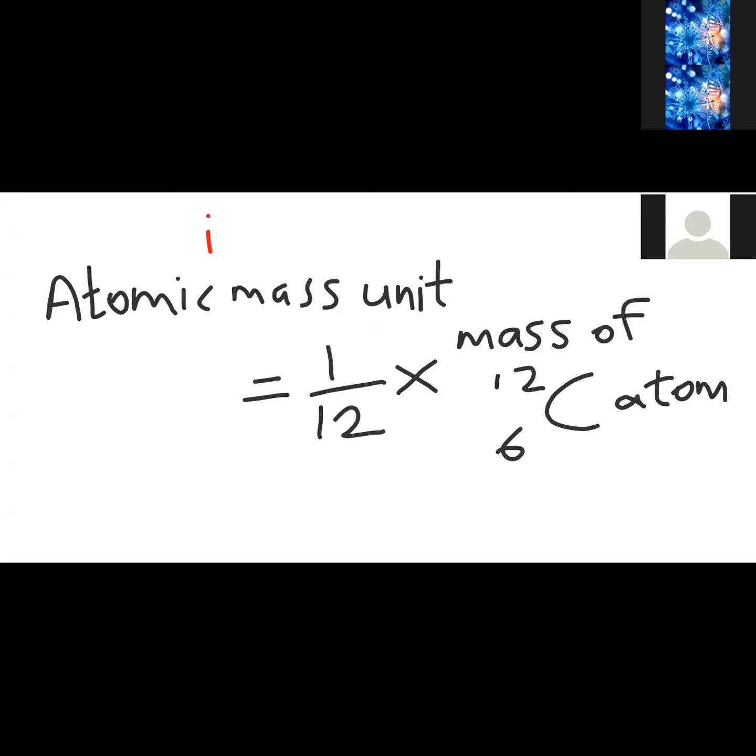You're hearing the word for the first time. You all don't know about isotope.